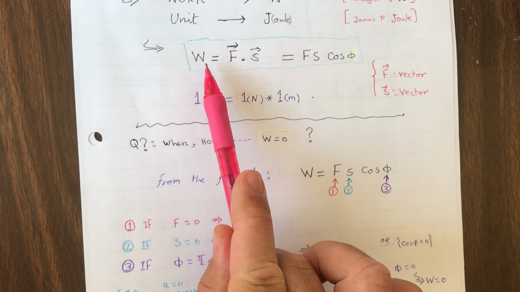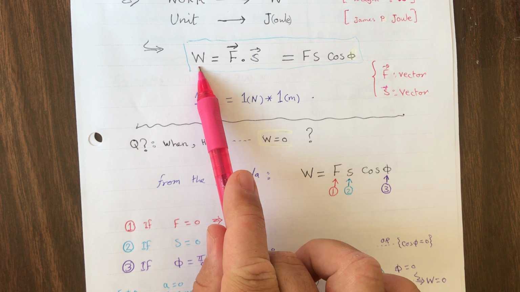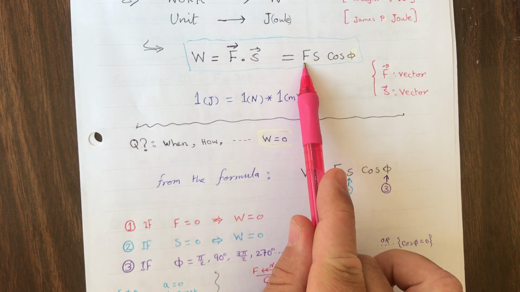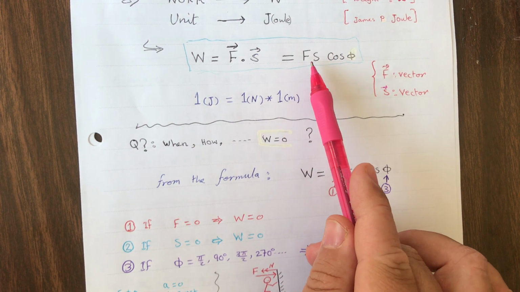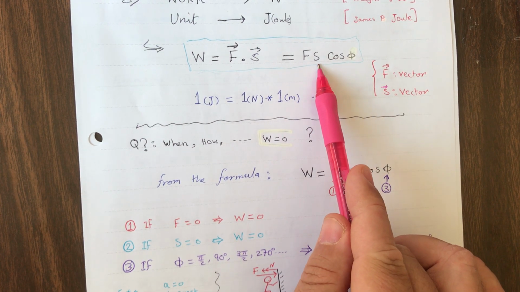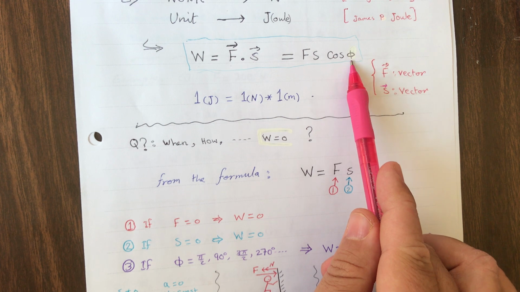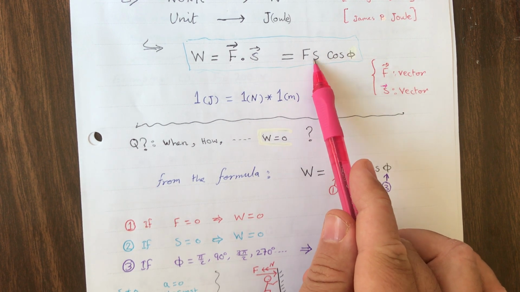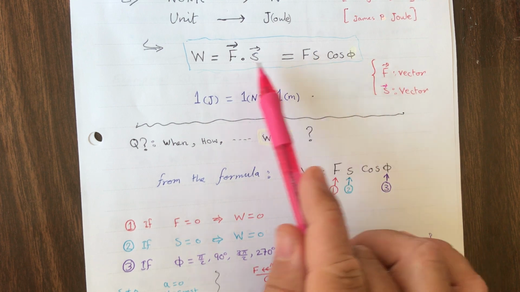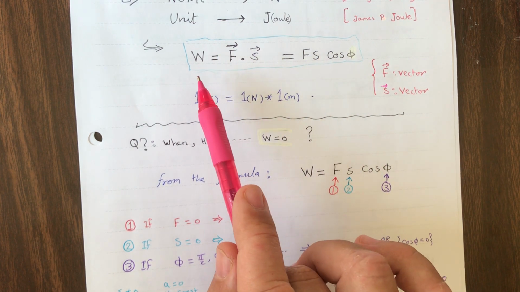When can we find the work equal to 0? We have 3 degrees of freedom, we can call them: F, which is the force, S, which is the displacement, and phi, which is the angle between the force and the displacement. We can change these 3 things to give us W equal to 0.